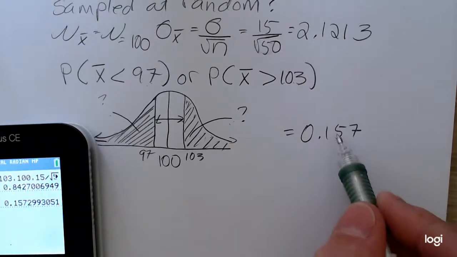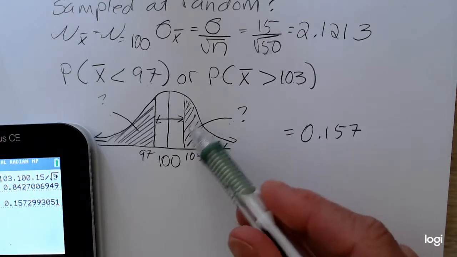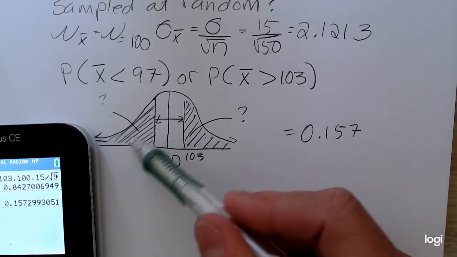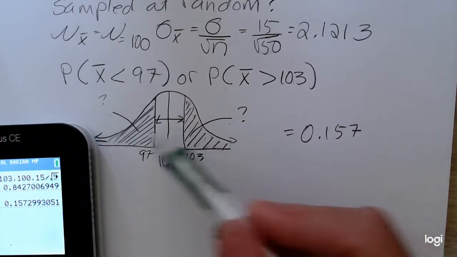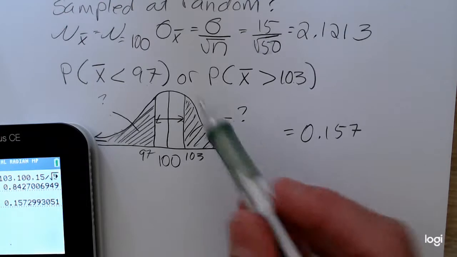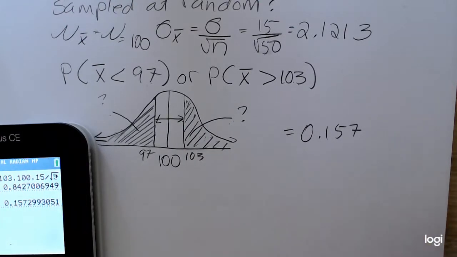So half of this amount of area is shaded in the upper tail, and half of this area is shaded in the lower tail. I did not draw this proportionally correct, but that's okay. I'm just using this as a visual aid to help me figure out exactly what my lower bound and my upper bound is and so on.